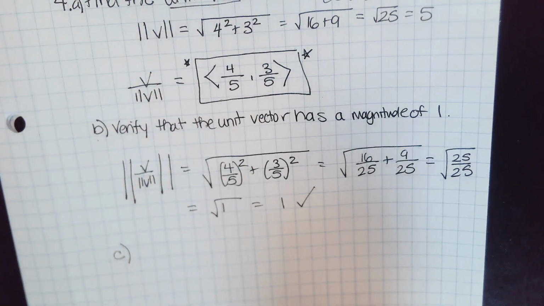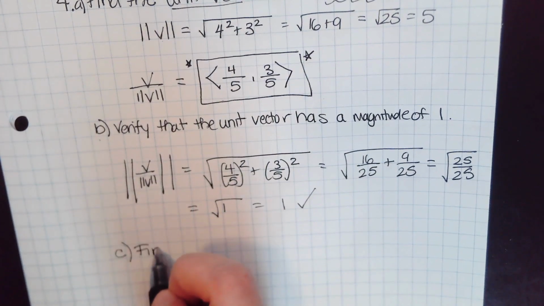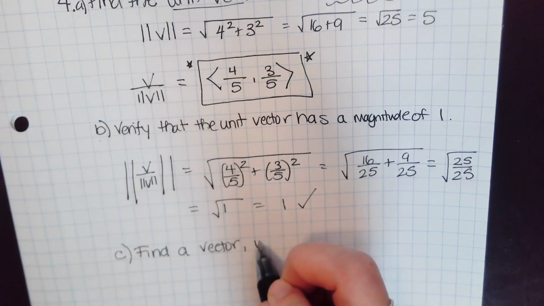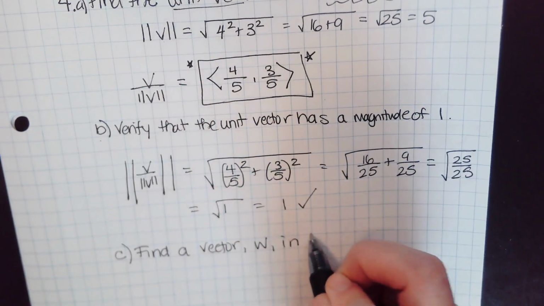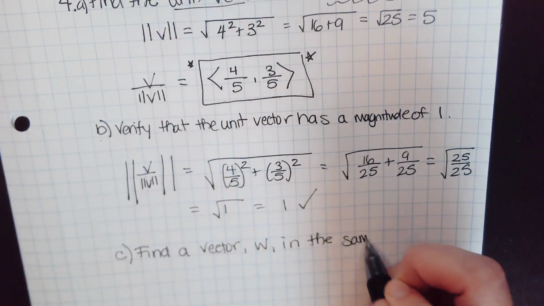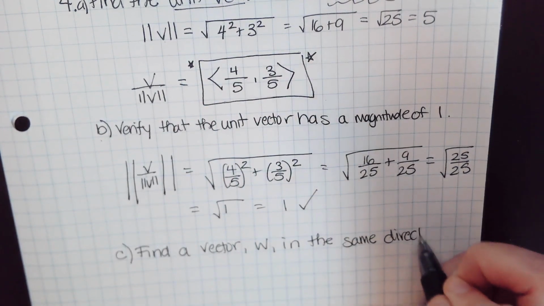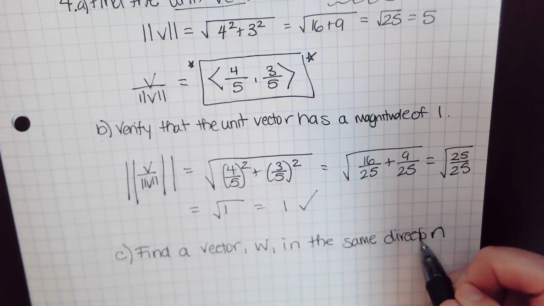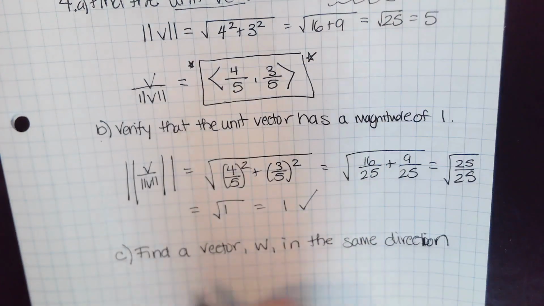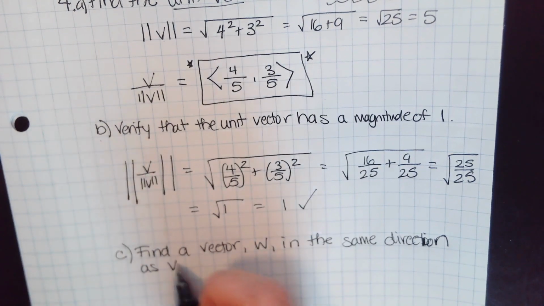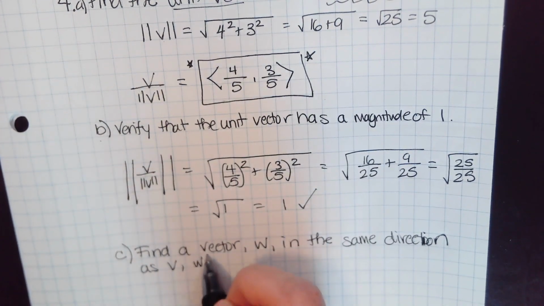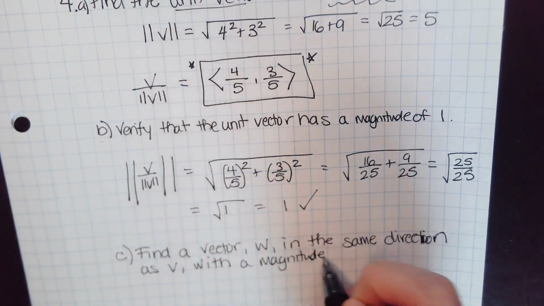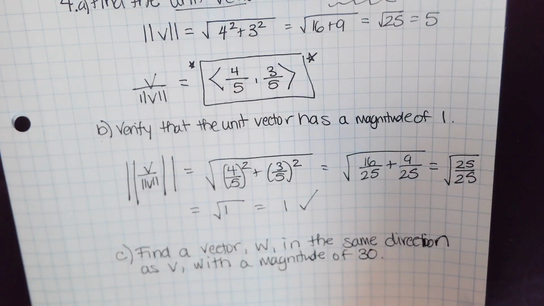All right, and the last part here, and this is the part that will come up a couple of times, it's really important, is I want you to find another vector, a new vector. Let's call this one W, that's in the same direction as V with a magnitude of 30.